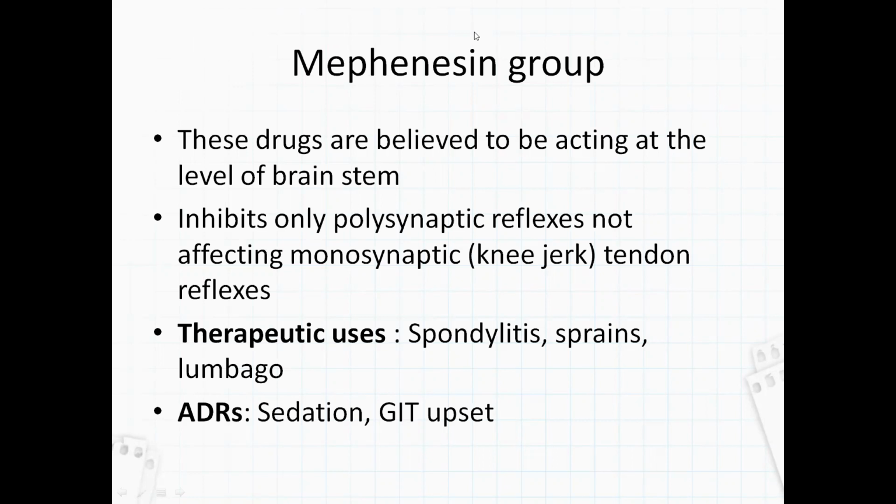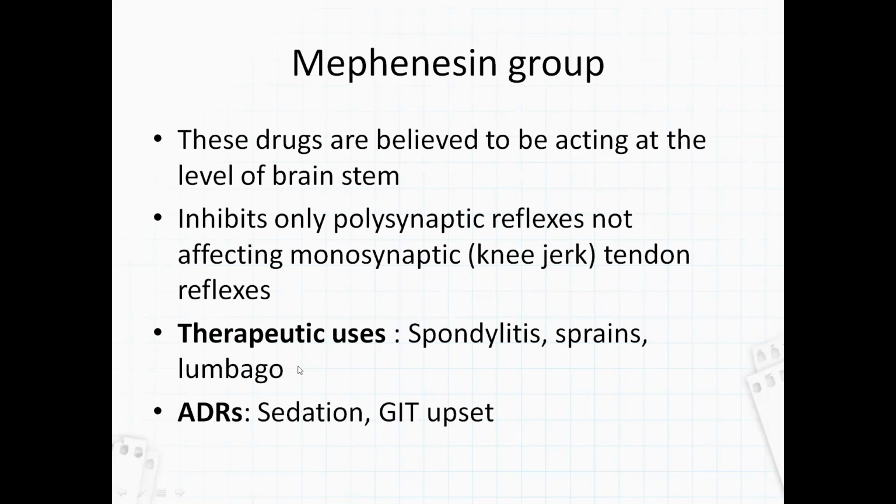These drugs are believed to act at the level of the brainstem, and they inhibit only polysynaptic reflexes, not affecting monosynaptic tendon reflexes like the knee jerk. Polysynaptic means multiple synapses, like from the central nervous system to the muscle while the nerve is coming. If it has multiple synapses, it is called polysynaptic.